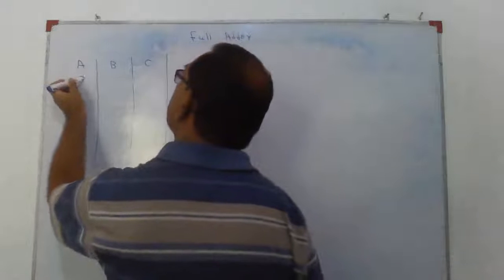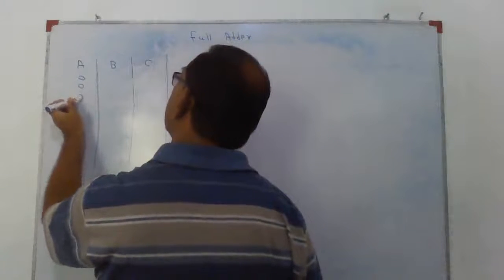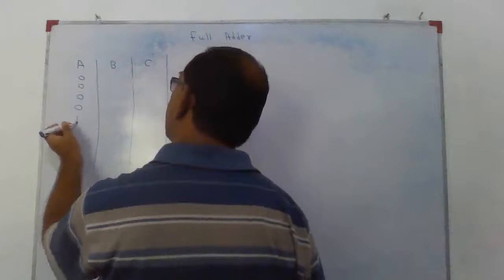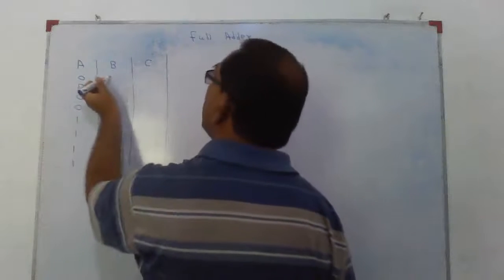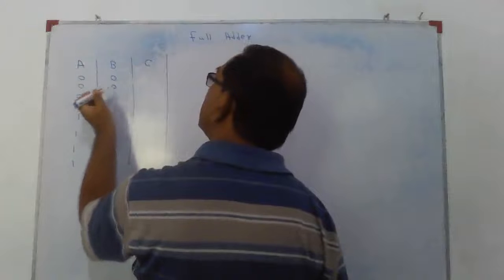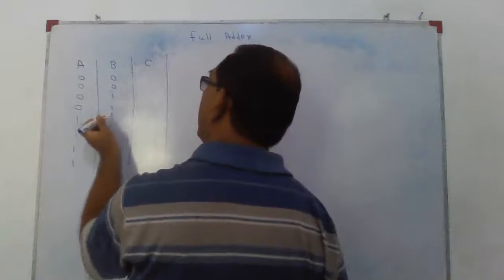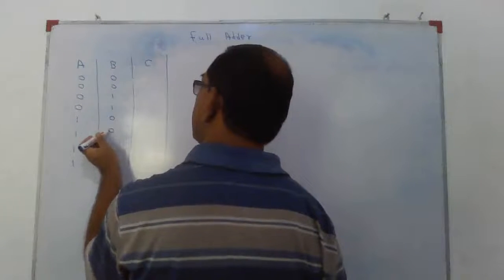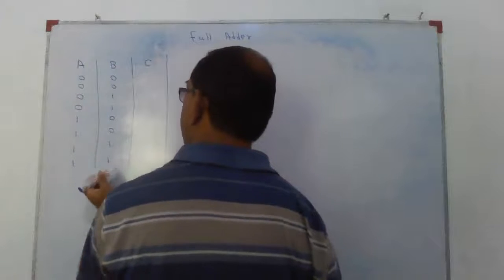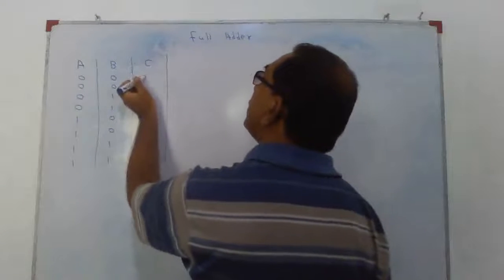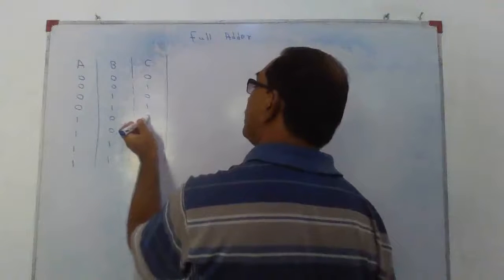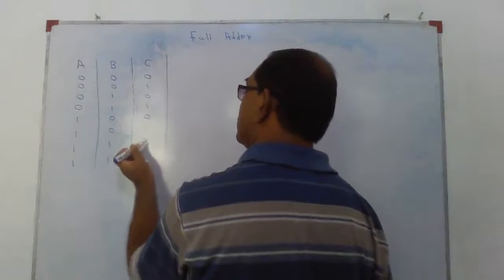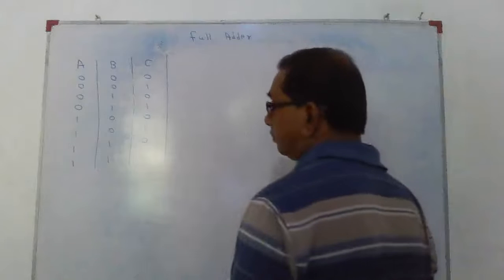A can be 0, 0, 0, 0, 1, 1, 1, 1. B can be 0, 0, 1, 1, 0, 0, 1, 1. What about C? C can be 0, 1, 0, 1, 0, 1, 0, 1.